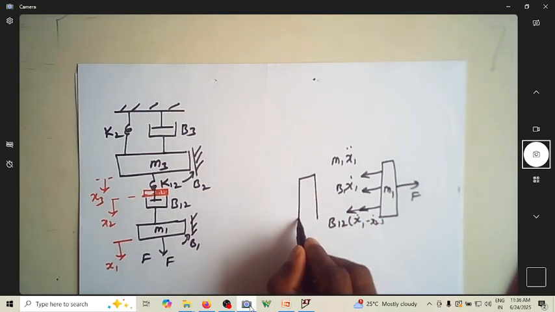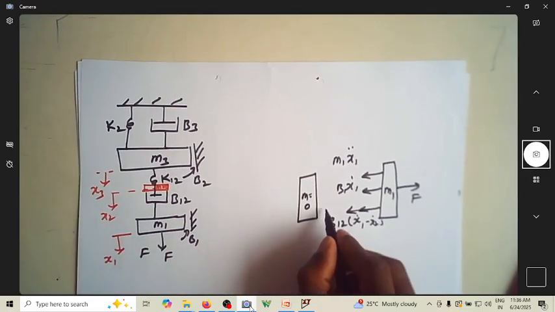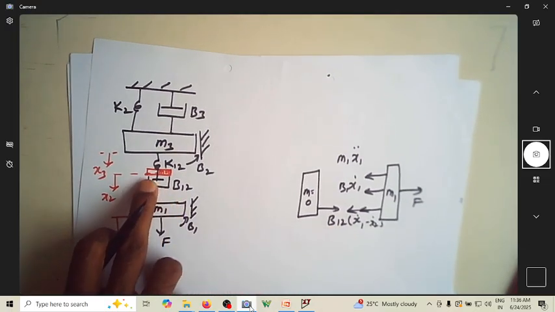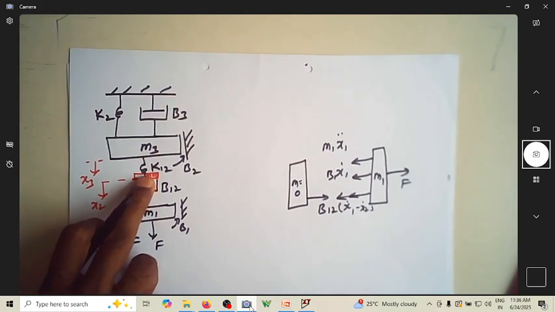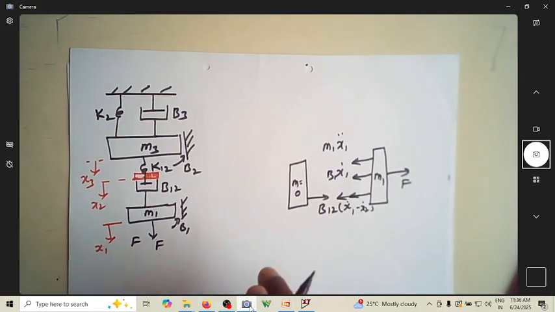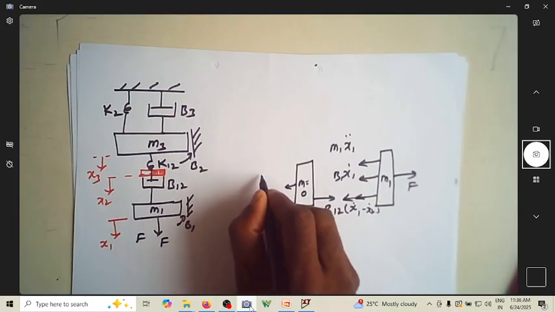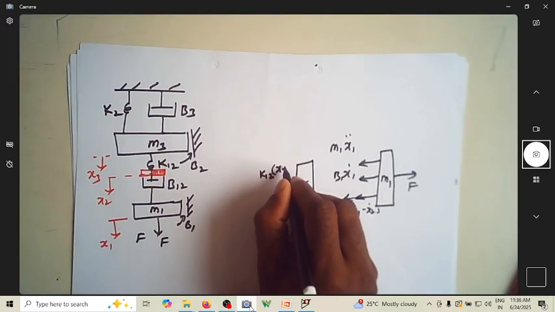And to this, so this is your dummy mass. The acting force on that is this. Whichever is the opposing force for M1 will become the acting force for this mass. The opposing force for this dummy mass is K12 into x2 minus x3.